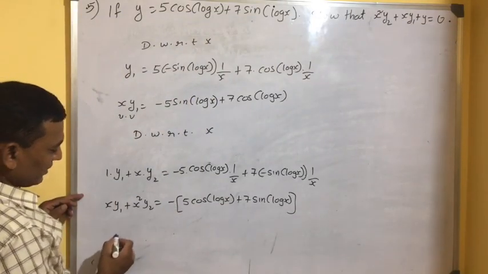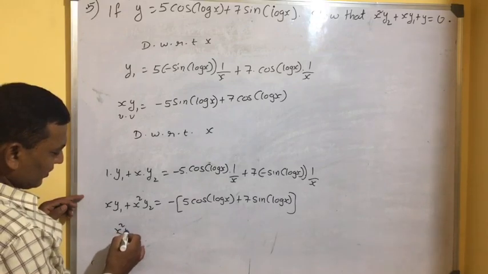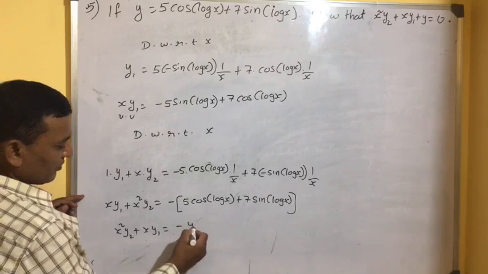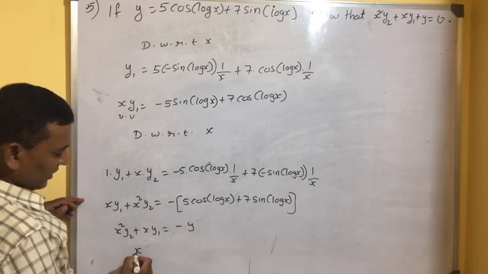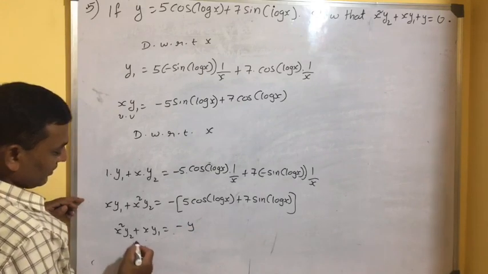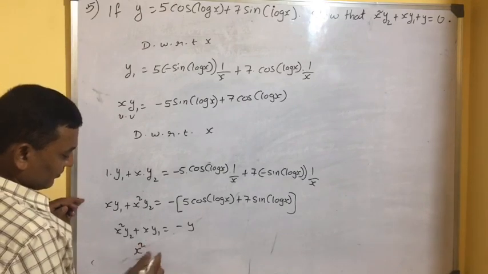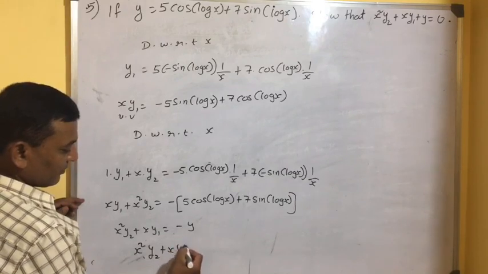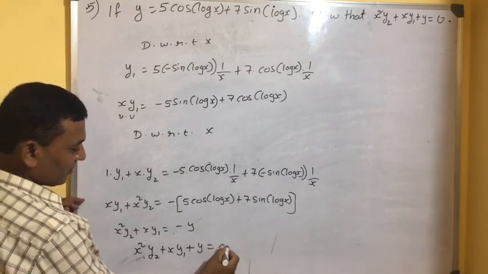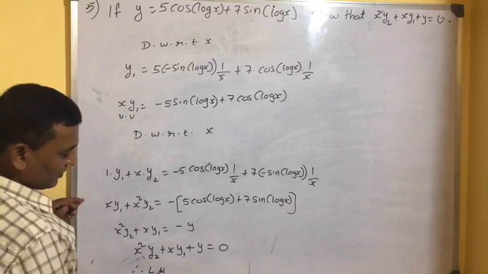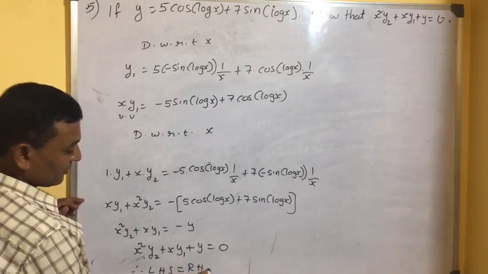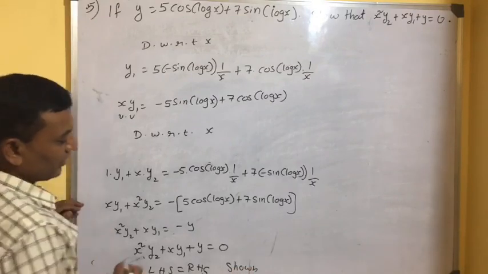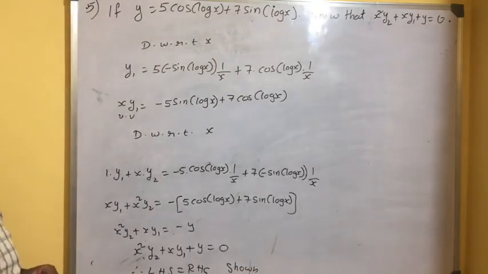So we can just rearrange and write this as x square y2 plus x y1 is equal to minus of y, or I can write x square y2 plus x y1, with minus y coming to this side becoming plus y, equal to 0. Therefore LHS equal to RHS. So shown. So this is how we can complete this and score 5 marks very easily.